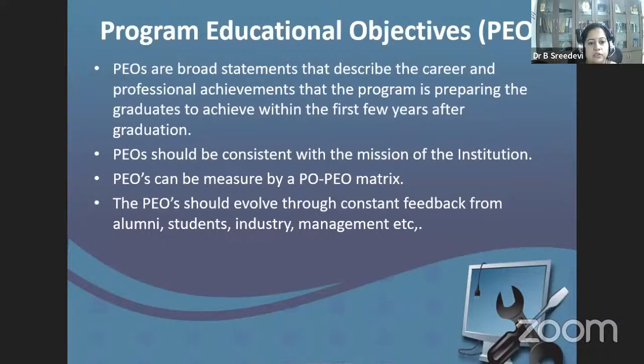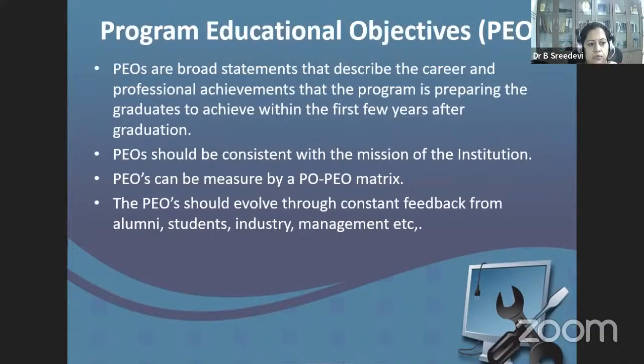Say in the mission of the institution, I have stated that I deliver quality engineers who are research focused and entrepreneurial, who have entrepreneurship. So these keywords are there in the mission of the institution.